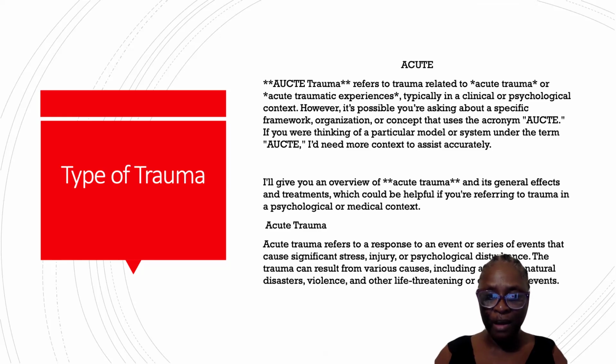If you were thinking of a particular model or system under the term acute, I'll need more context to assist accurately. I'll give you an overview of acute trauma and the general effects and treatment, which could be helpful if you are referring to trauma in a psychological or medical context.